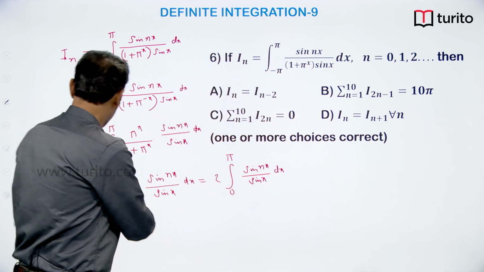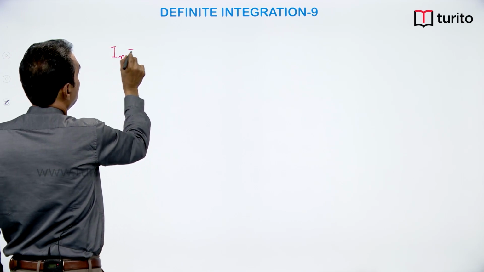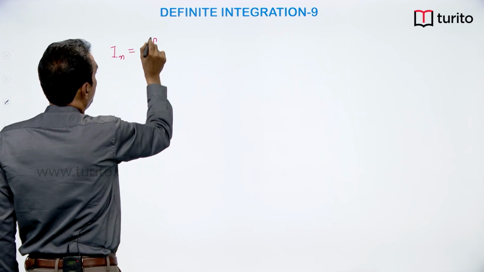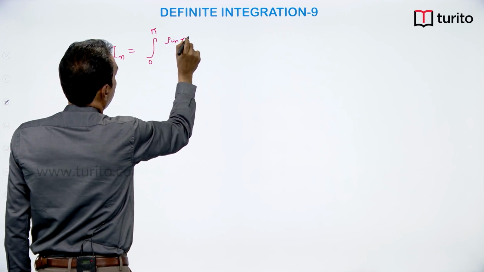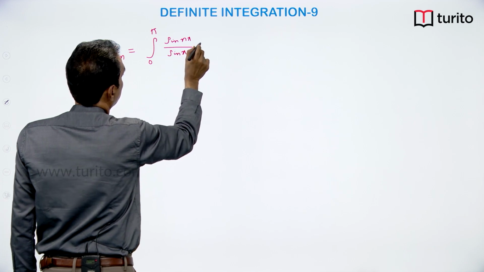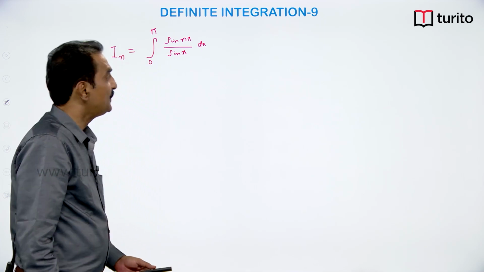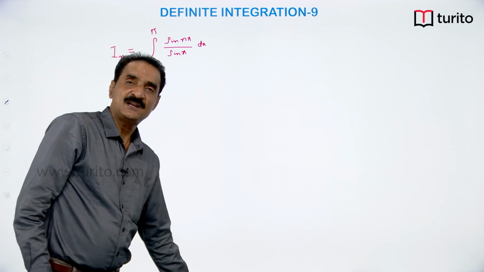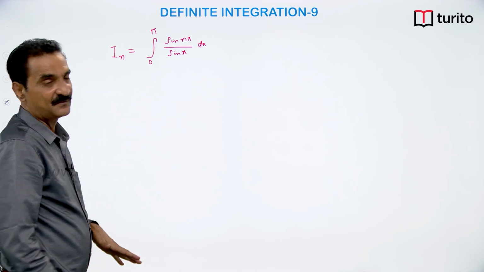So, 2 cancels, we get I_n is equal to integral 0 to pi sin nx by sin x. Now, what is the usual approach? I_n minus 1 we have to find.